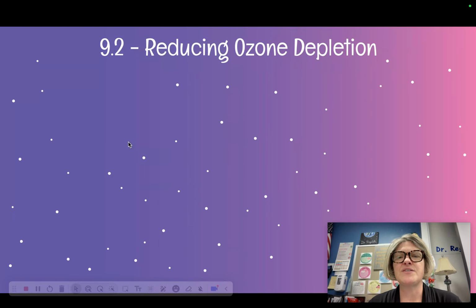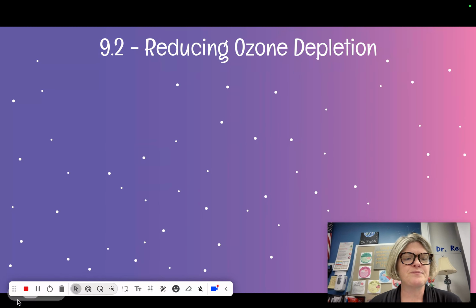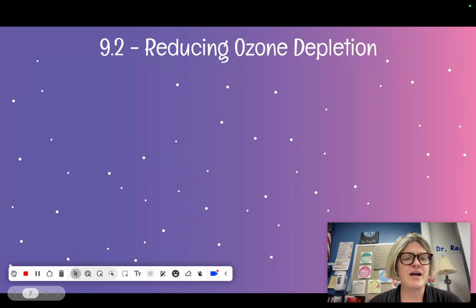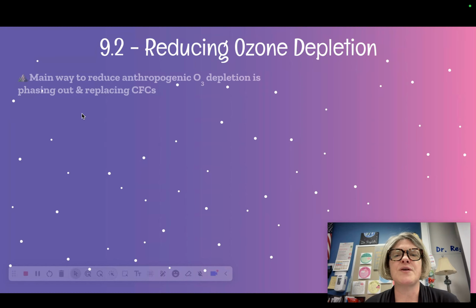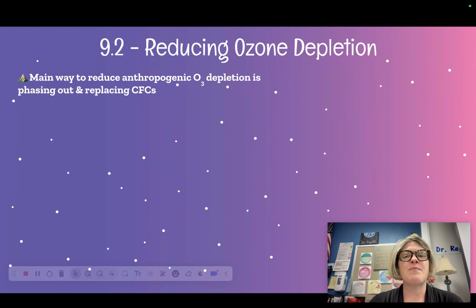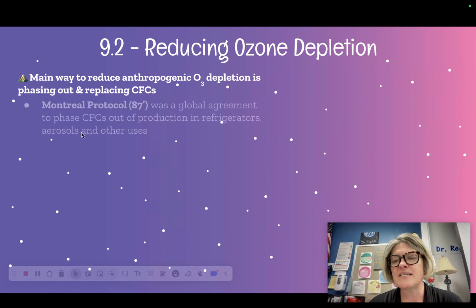So let's move into, let's see if I can go back really quick. We probably should have taken a look at what we're going to be talking about. But we're going to talk now about how we can reduce ozone depletion. The main way to reduce this anthropogenic O3 depletion that's occurring with the CFCs that we put in the atmosphere is by phasing out and then replacing all of those chlorofluorocarbons.